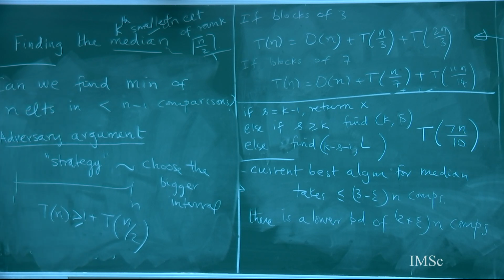I want to show that n minus 1 is kind of optimal by an adversary argument, right? So you can think of, I have a list of n numbers, and you, as an algorithm, are making comparisons. And I have to answer the comparisons. How do I answer comparisons to make you take a lot of comparisons?